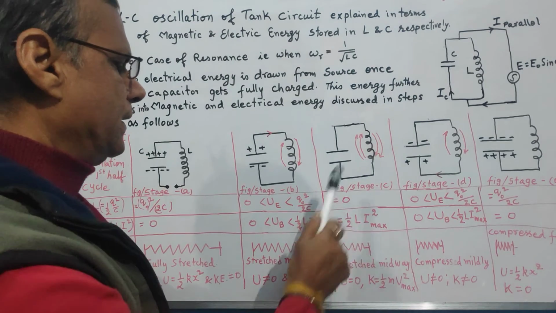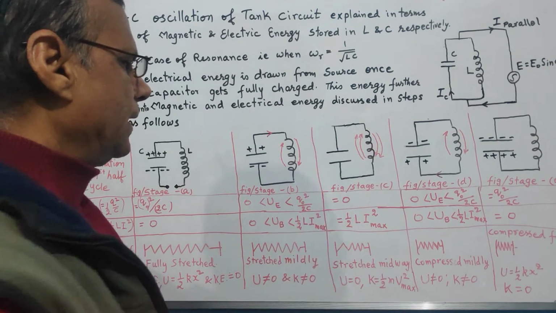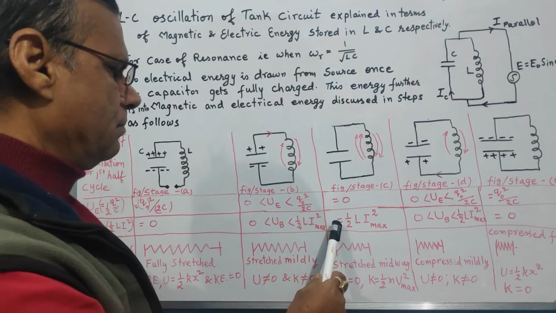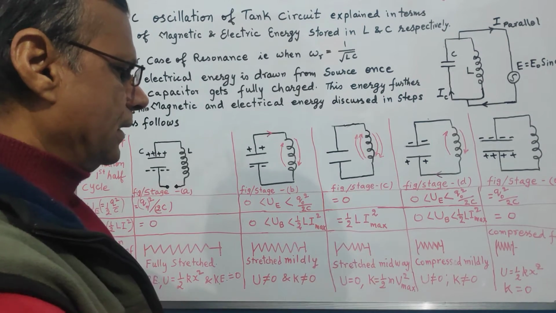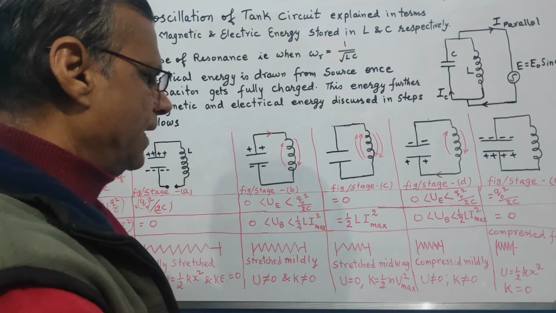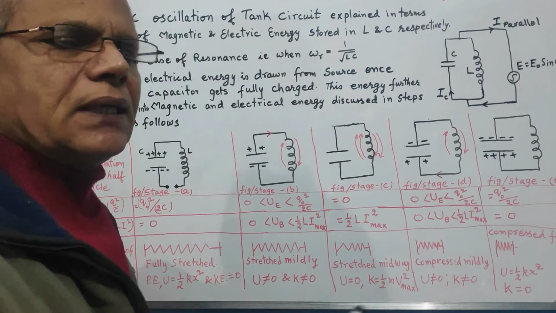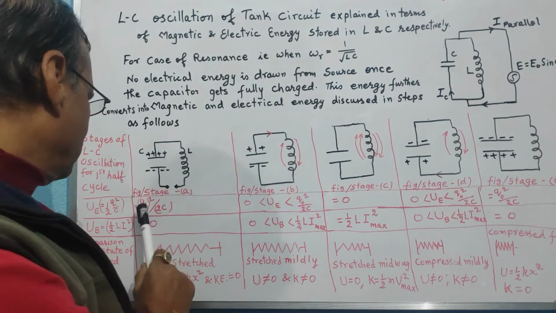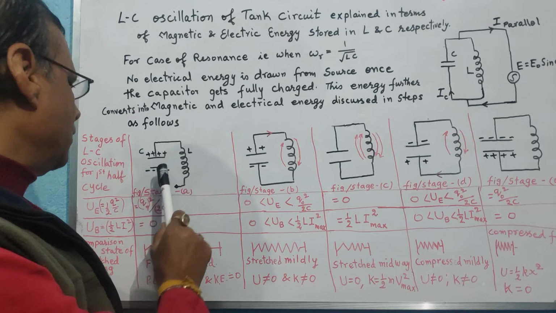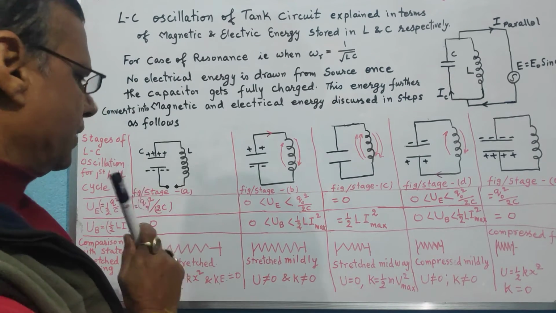So in this stage the electrical energy stored in the capacitor is 0, and the magnetic energy stored in the inductance is maximum, equal to half L i max square, which must ideally be equal to the total maximum electrical energy stored in the capacitor at the start.